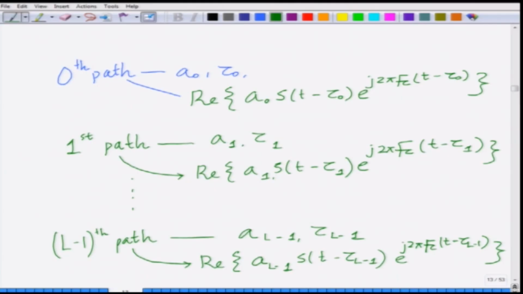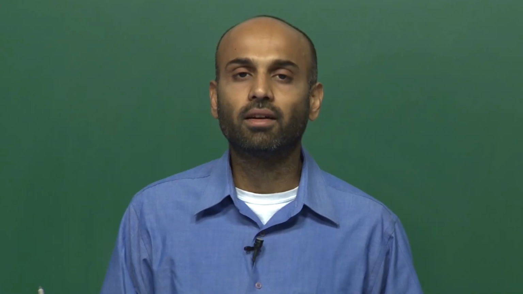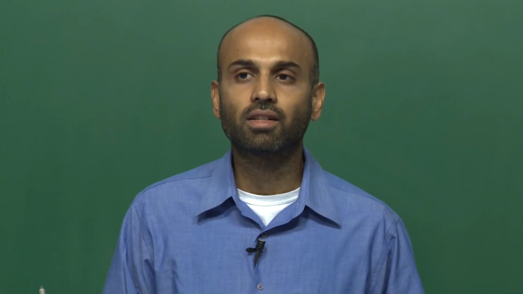These are the various passband signal components associated with the various paths. These are also known as the multipath components of the signal that are received at the receiver in this wireless channel.